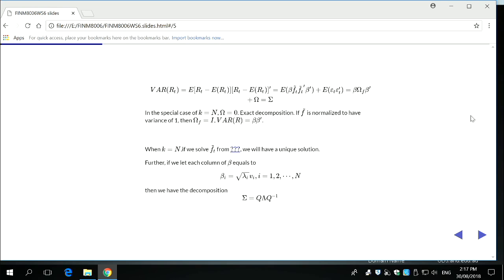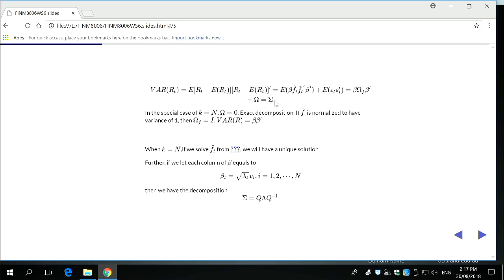We also know this omega, the idiosyncratic part, is a diagonal matrix, right? Because they are not correlated with each other. And this will equal just the variance covariance matrix of our returns, right? So you can get this theta by X prime X divided by T as an estimate.